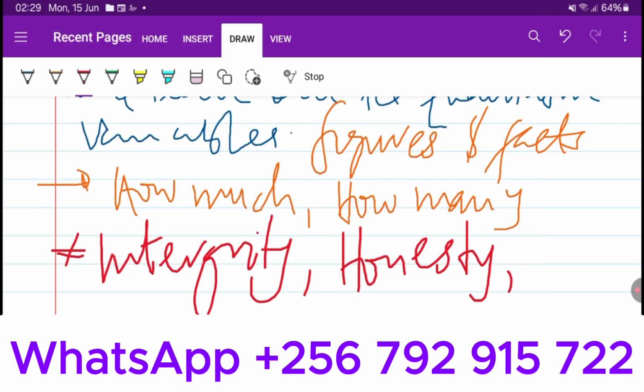You can't measure things to do with intelligence or IQ, intelligence quotient. You can't measure things to do with color.